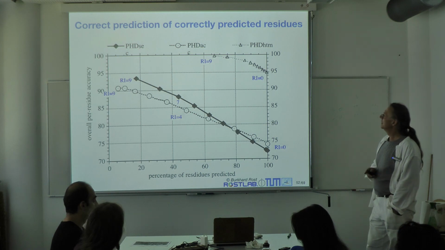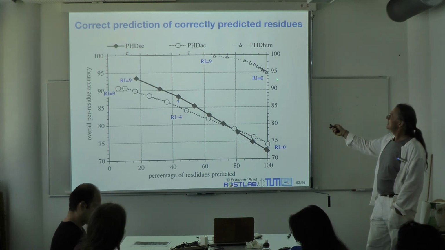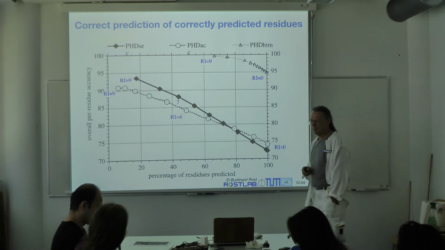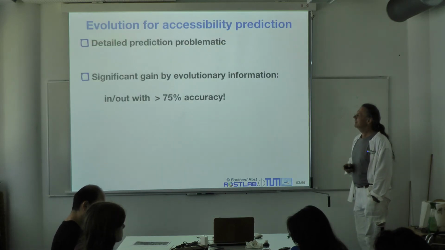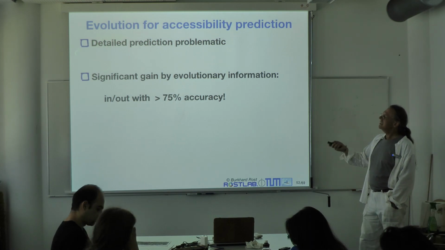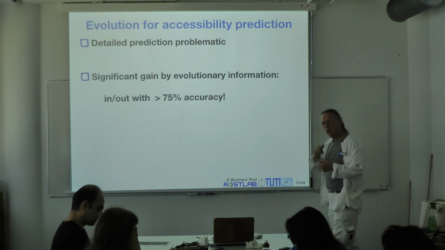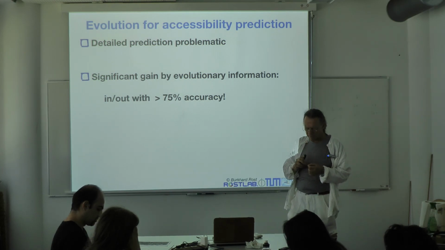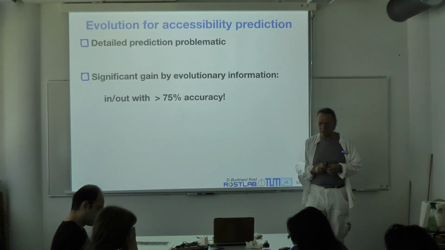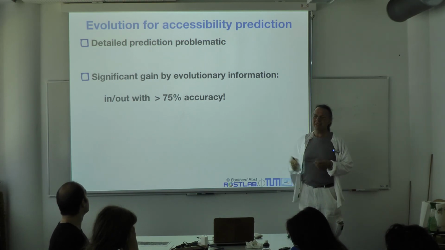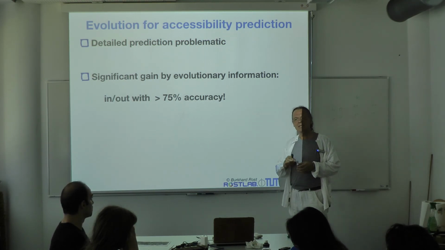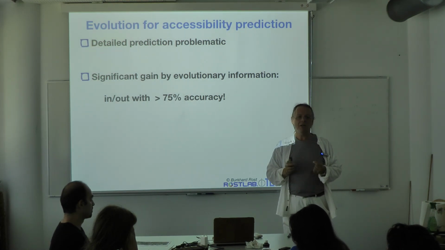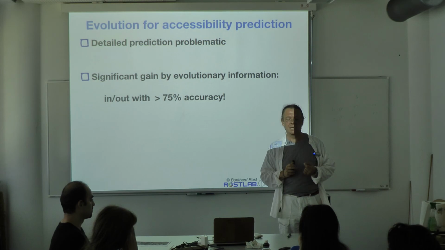Anyway, good. And by the way, this is for membrane proteins, but this is per residue scale. So this is not really that relevant. Now, detailed prediction, meaning what percentage is correctly predicted, or what percentage solvent accessibility is predicted, is that correct, is more problematic. And that is more problematic because that number, percentage solvent accessibility, is in fact not very well conserved between homologs.